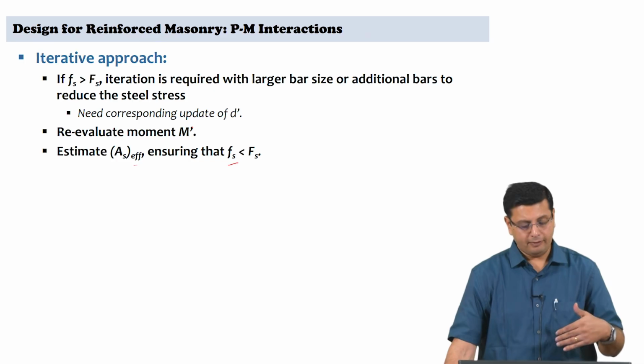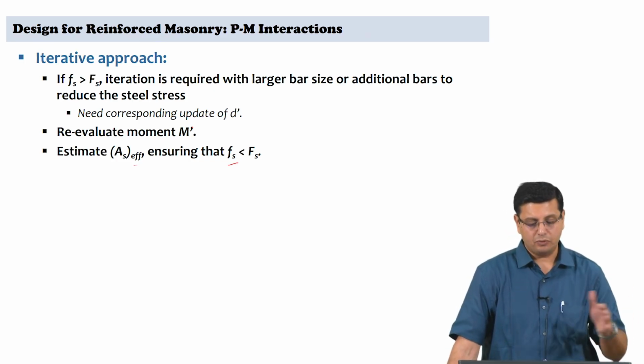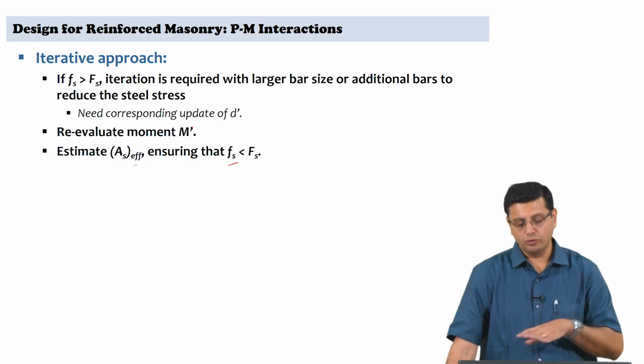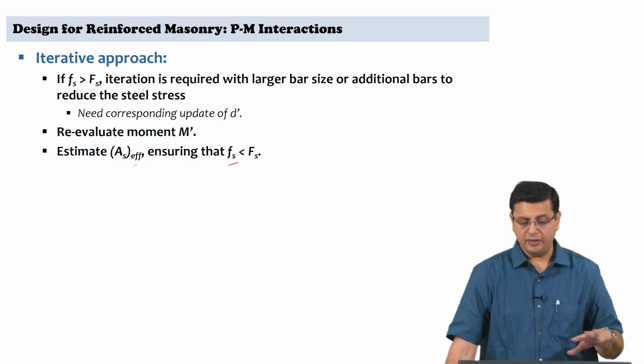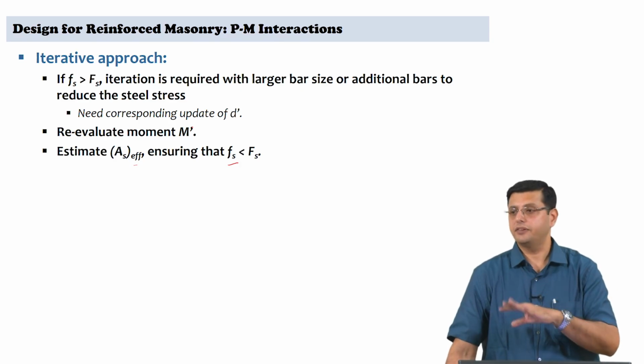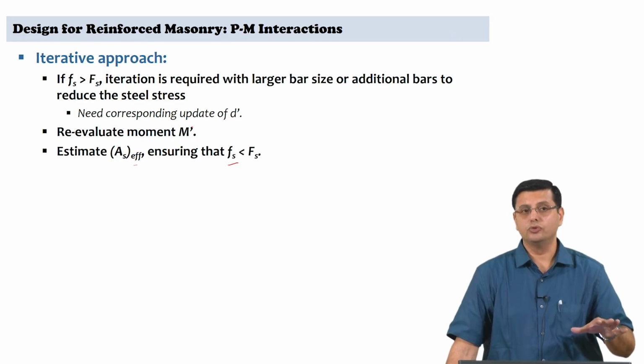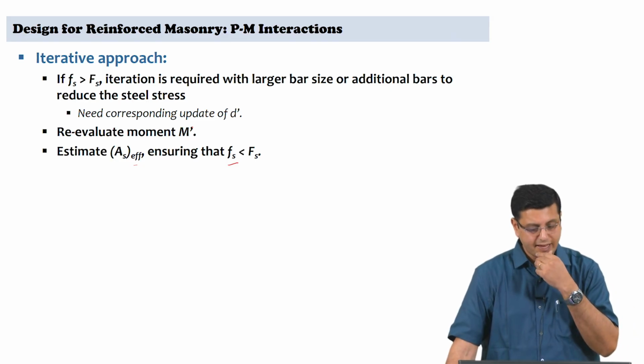So, that is the iterative approach, which is basically taking you through a set of assumptions. There is an implicit reference to which zone of the interaction surface you are falling in, but there is no direct use of the interaction surface itself.